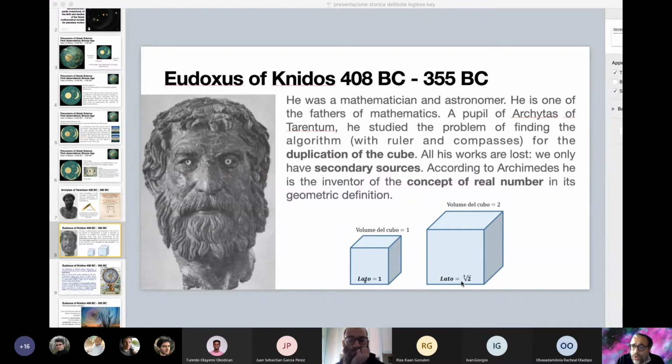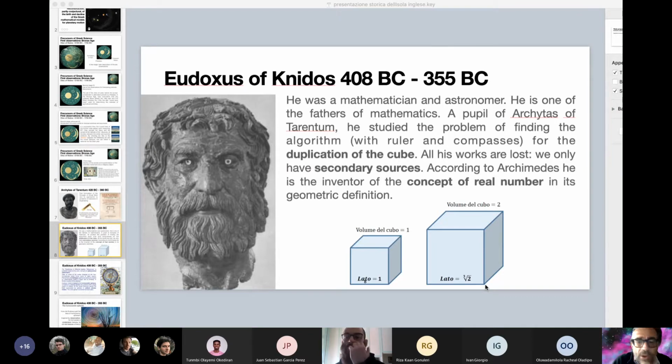Now, you should know that the cubic root of 2 is not a rational number. So there is no possibility to subdivide 1 in a finite number of parts, then multiply this part times another natural number for getting exactly this side.